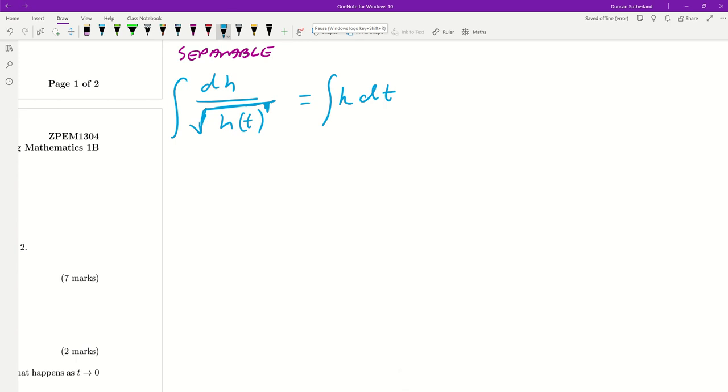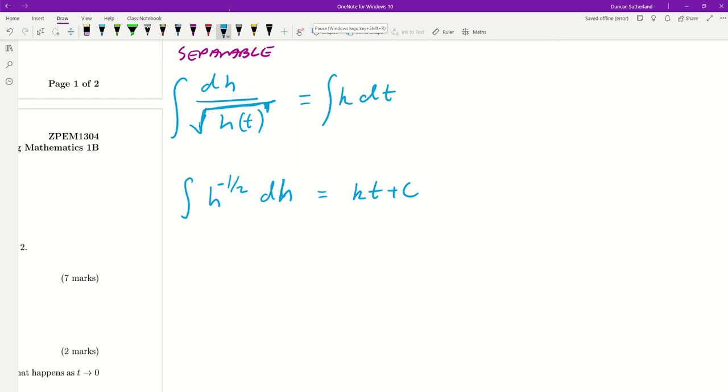The left-hand side's a little bit tricky. Let's rewrite it like this, just dropping the t dependence for now. The right-hand side is easy, kt plus c, where c is a constant of integration. All I've done on the left-hand side is rewrite the square root as a half power. I've noted that it's 1 over square root, so I've put that to a negative half power.